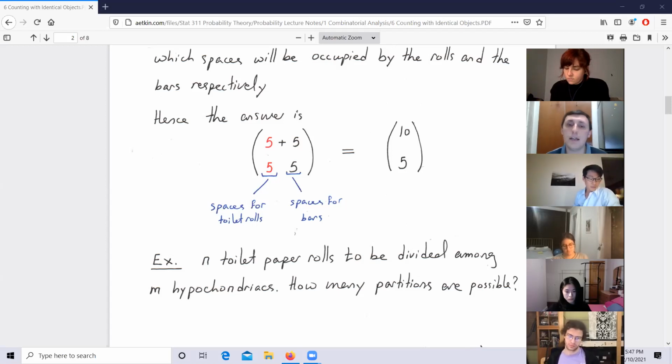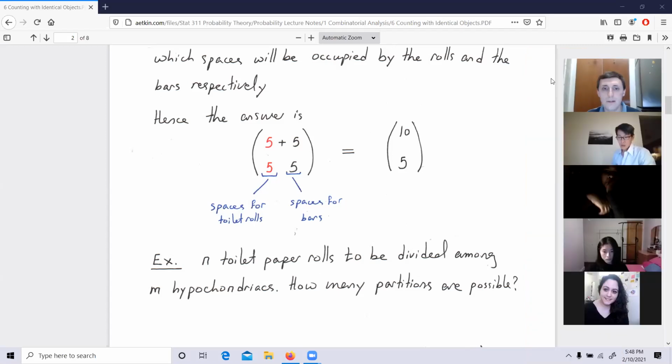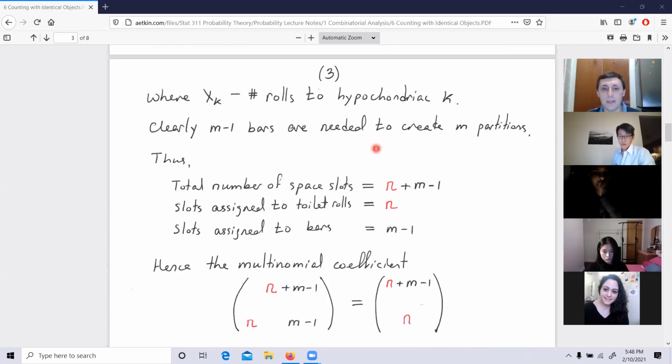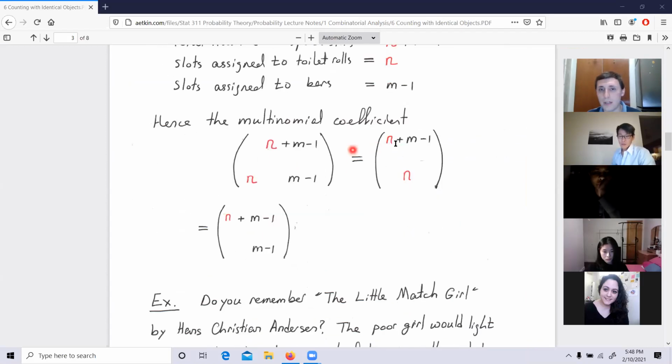Of those spaces, I can choose n to be occupied by toilet paper rolls, or equivalently, I can choose m minus 1 spaces to be occupied by the bars. That gives the same solution. So the answer is simply one or the other: either n plus m minus 1 choose n, or n plus m minus 1 choose m minus 1.